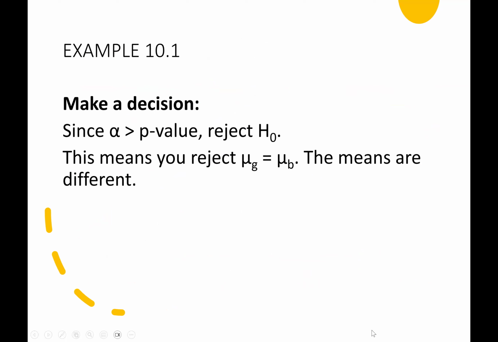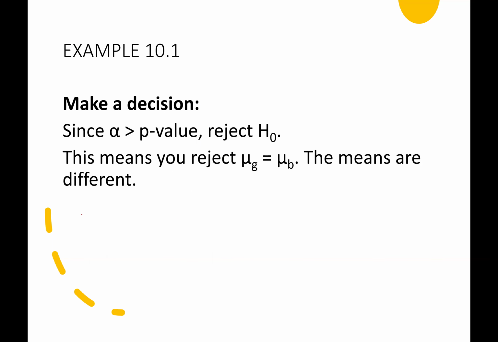If the p-value is lower than the alpha you selected, you're going to reject the null hypothesis. So you reject the hypothesis that the mean hours of sport per day for girls and boys is the same. The sample data supports the conclusion that the mean difference between boys and girls is not 0. So there is a difference between boys and girls.